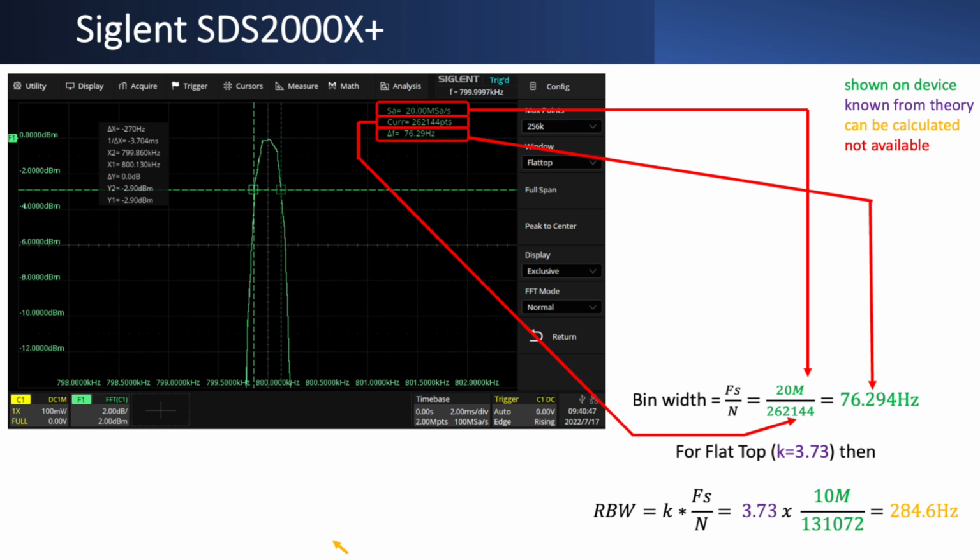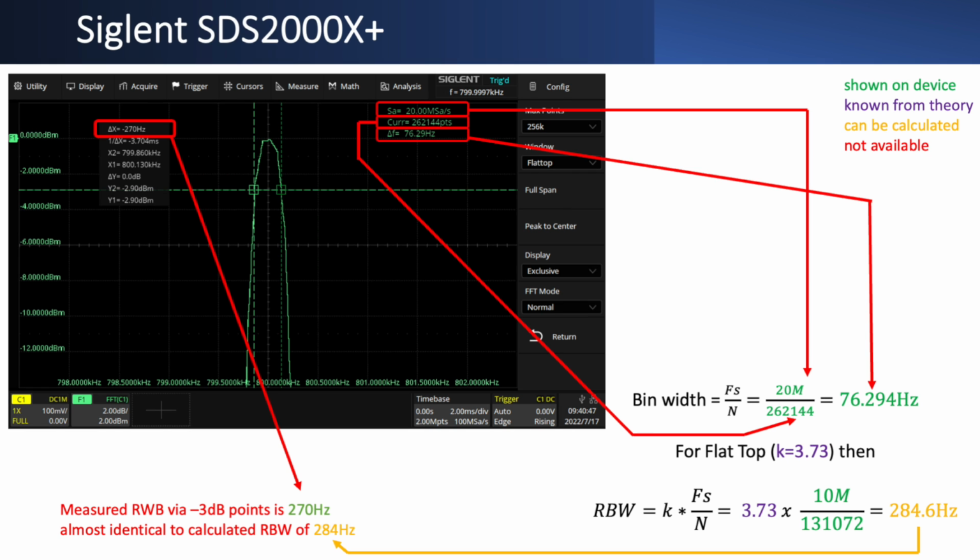I also changed the width of the display a little, and I'm now trying to find with my cursors the -3 dB points of this display. I've set the cursors at these -3 dB points and I'm looking at the difference between the lower and the higher frequency, and the cursor measurement shows me that it is 270 hertz.